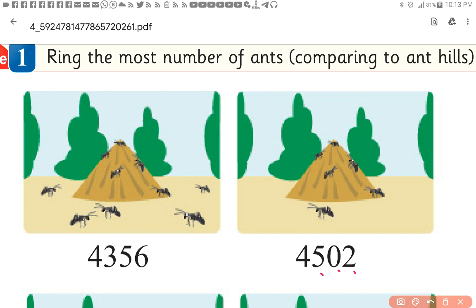Start comparing from left. Here 4 and here 4. Here 3 and here 5. Which number is greater? 3 or 5? 5. So we will put the sign smaller than, or less than.